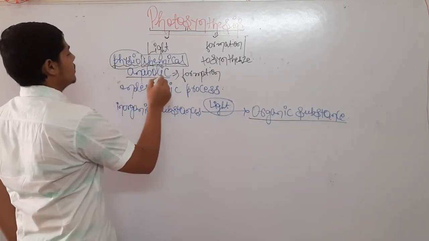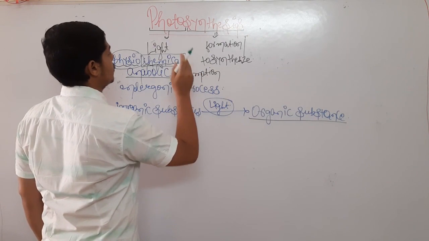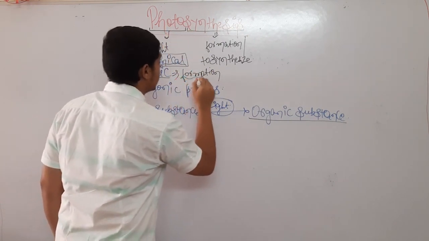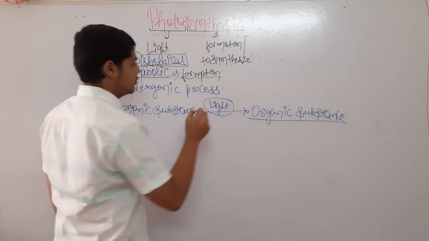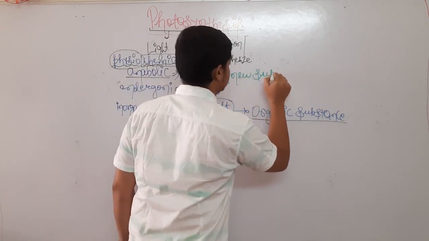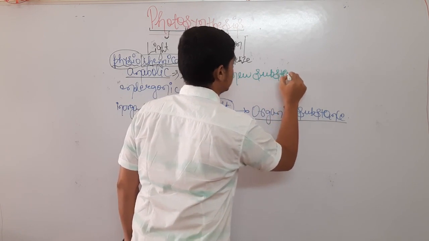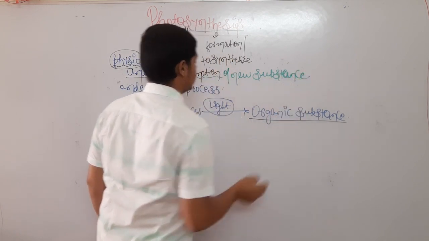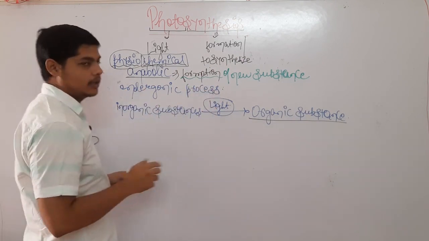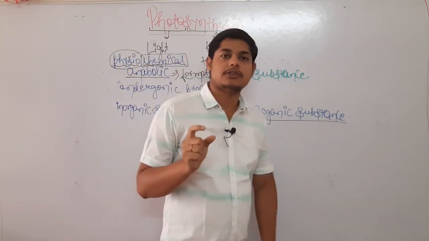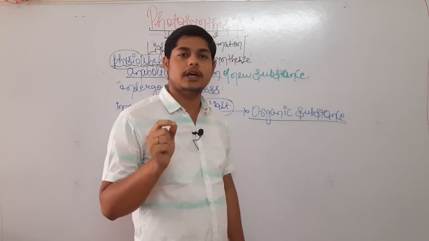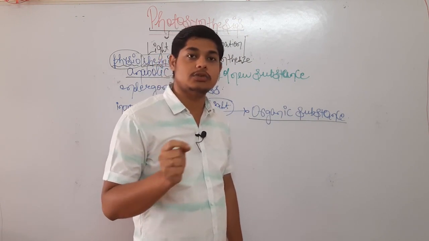So anabolic means photosynthesis is a process in which formation of new substance will take place. And this is an endergonic process. Endergonic means we use the term for a process in which energy is utilized.